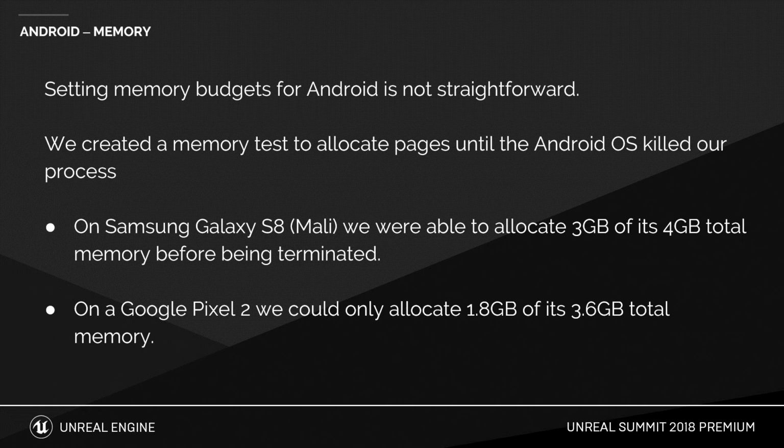So let's set some memory budgets. Okay, how much memory can we use? So we created a test program to allocate some memory until the Android operating system killed our process. On a Galaxy S8 Mali version, we were able to allocate 3 of the 4 gigabytes of RAM before we ran out.